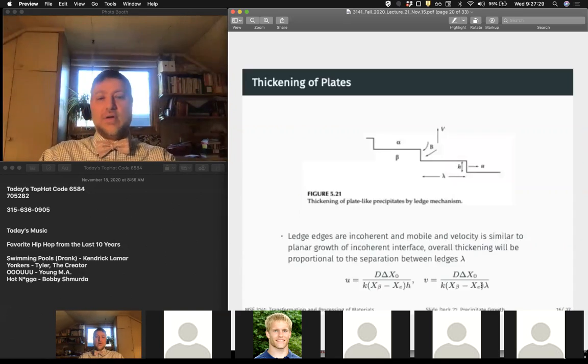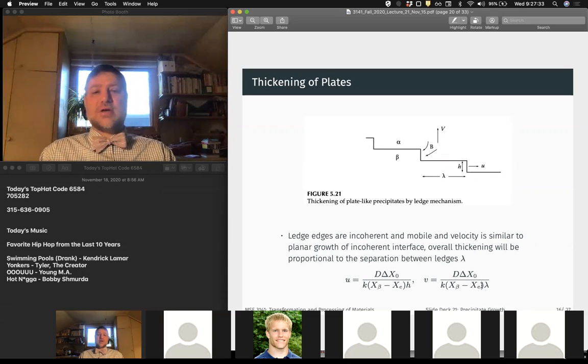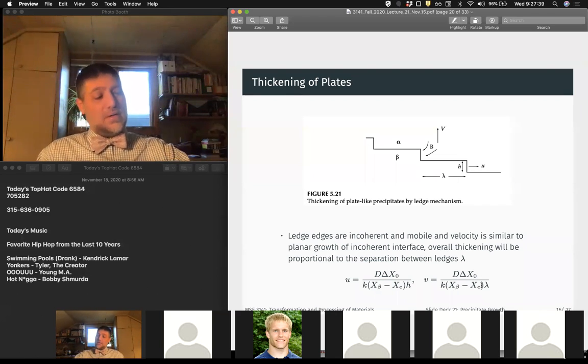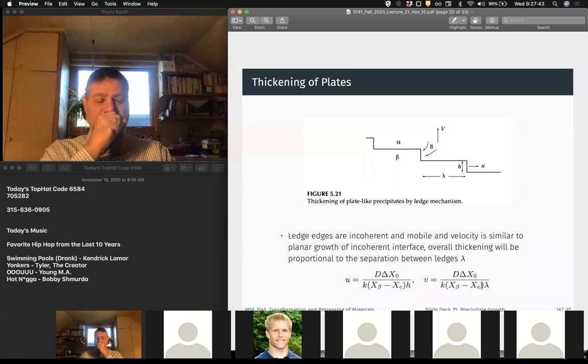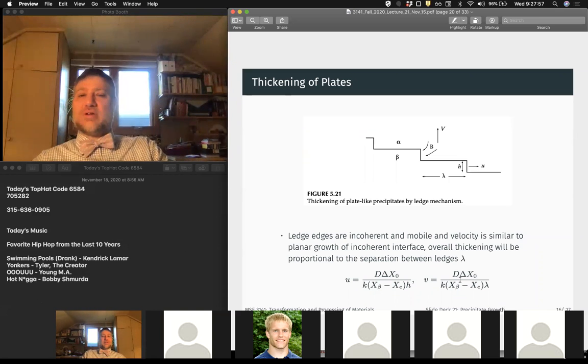We essentially learned when we talked about solidification, we talked about ledge mechanisms and spiral growth mechanisms when we have a low energy interface, right? We have a very similar thing here.